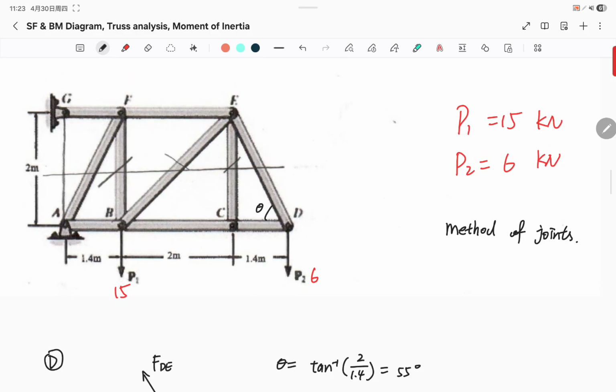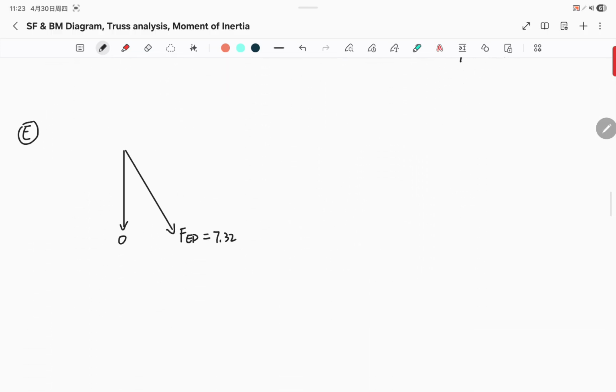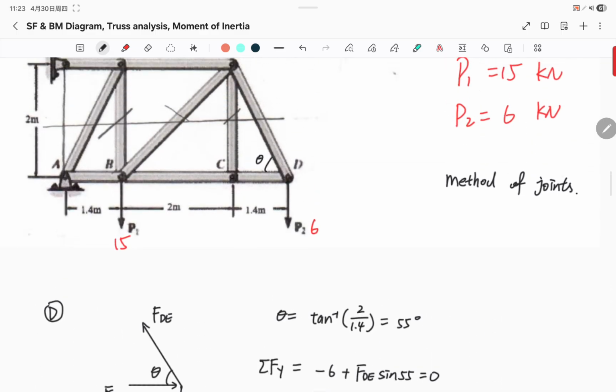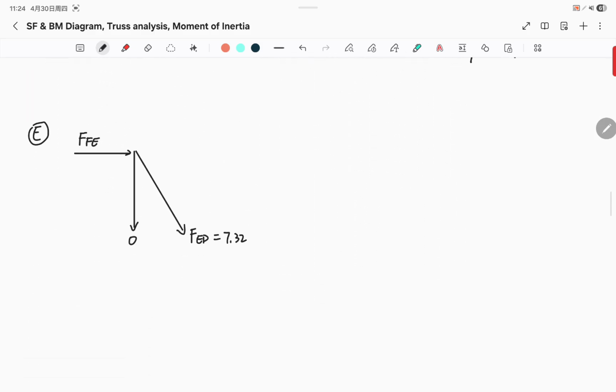And then we have a force in the horizontal direction, we're gonna call it Fe. And we also have this force, we call it Be or Eb.